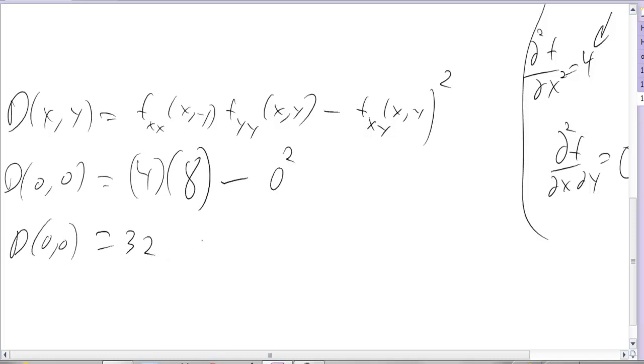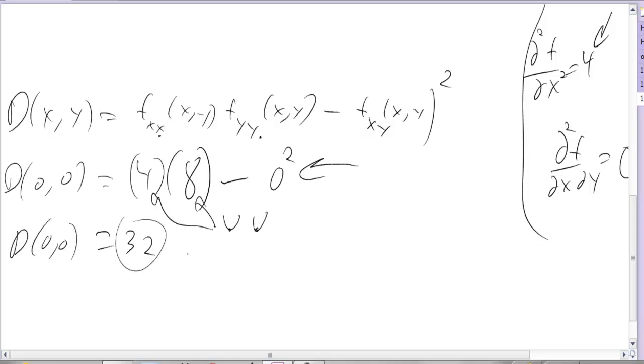So what does this mean to me? Well, first thing, what I'm seeing here, both of these are concave up, which means they have minimums. So if I have a minimum in the x direction, a minimum in the y direction, and then my interaction term isn't big enough to drag me out of this and down into the negative numbers, it's still staying at positive 32.